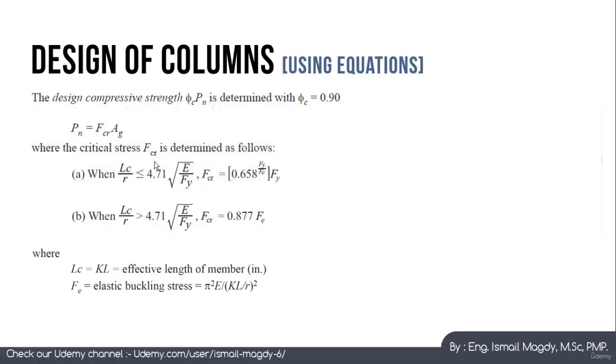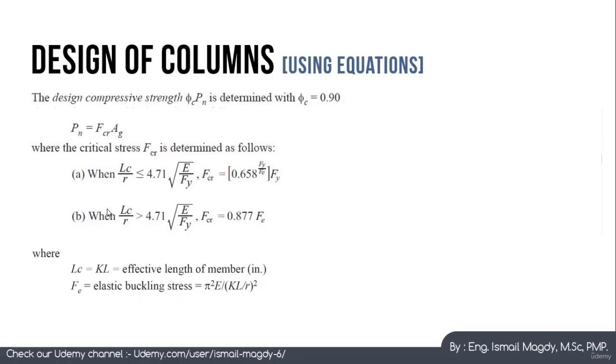Fcr, or the F critical, has two cases here. In the first case, Lc over r is less than 4.71 root E over Fy. In this case, the F critical is calculated by this equation: 0.658 to the power Fy over Fe, multiplied by Fy.